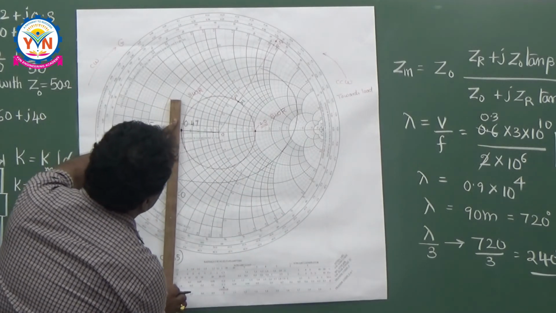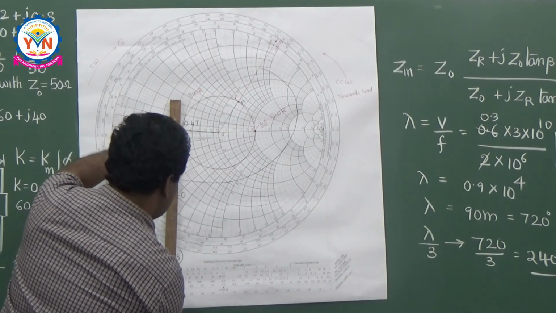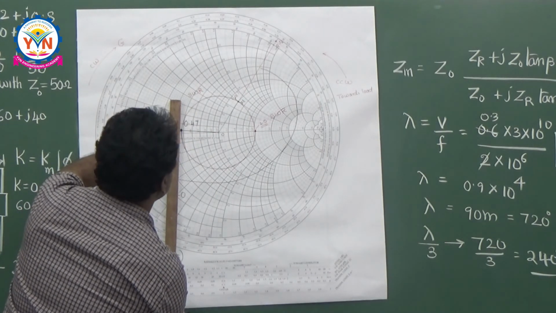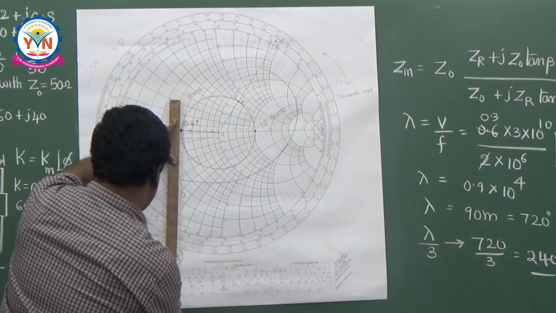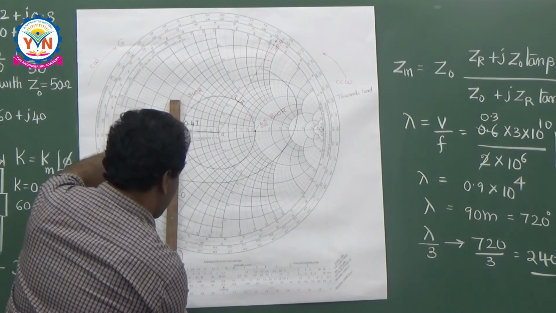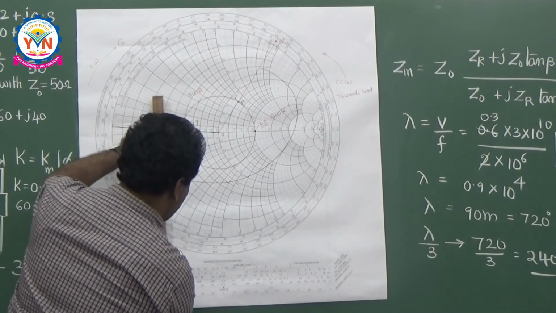Now take the tangential line on this. If you take the tangential line, you are going to get your standing wave ratio as well as reflection coefficient like this.